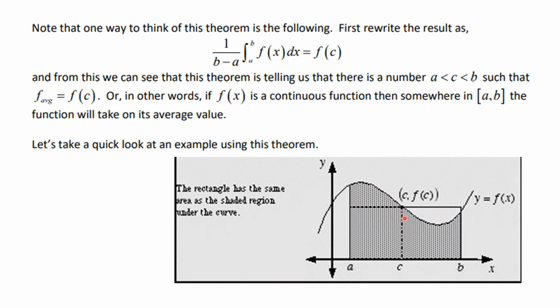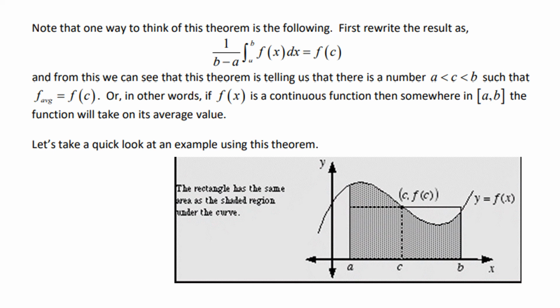That says there is a c such that if you make a rectangle whose length is b minus a and whose height is f of c, the area of the rectangle is the same as the area under the curve. And in this particular example, you can see that this positive is interacting with that negative, and they're equal to one another, and that's why you can replace this down here and do it. But we've already proven that theorem.